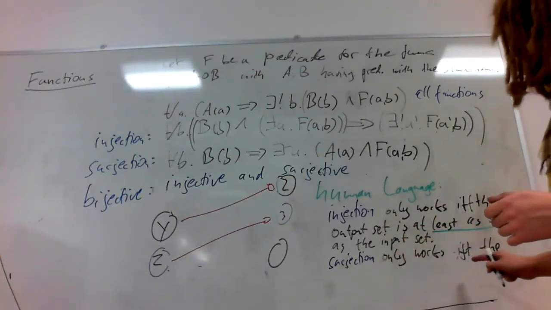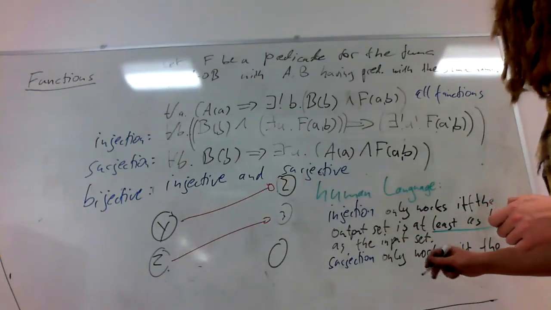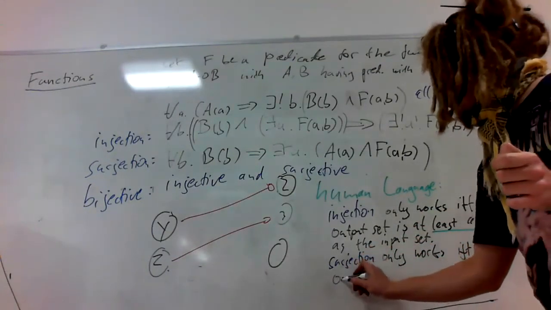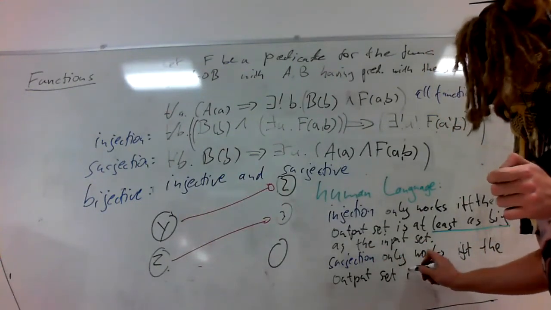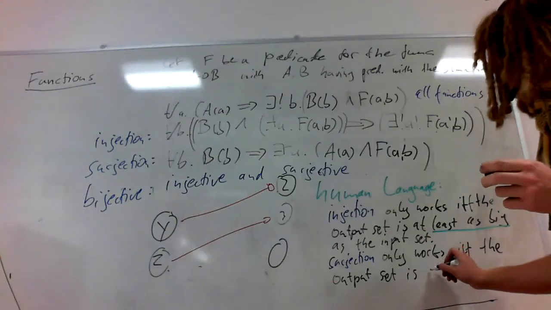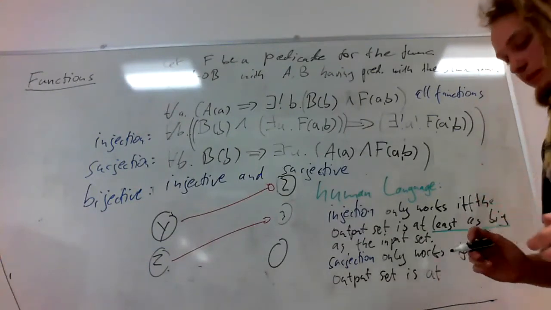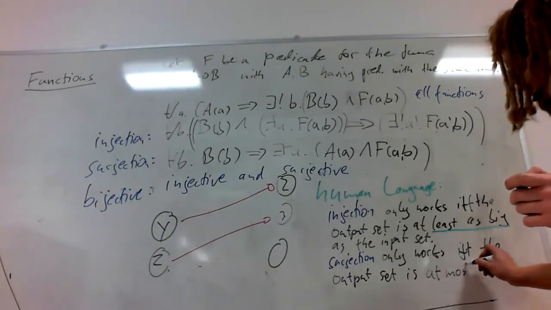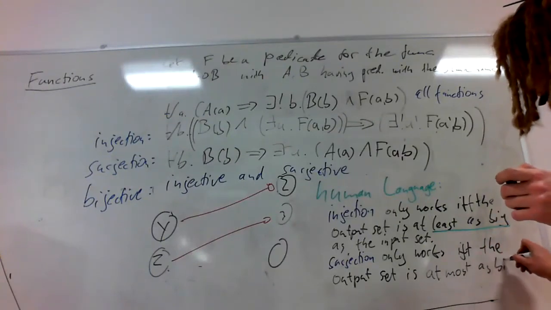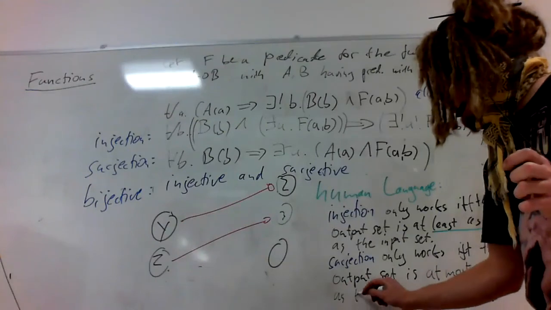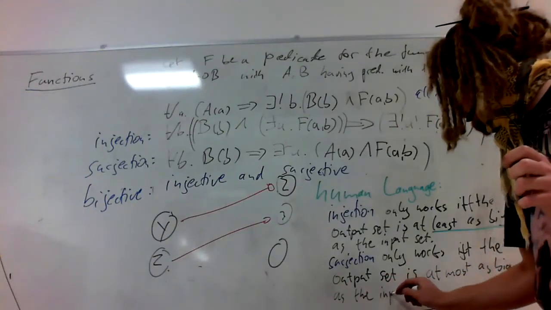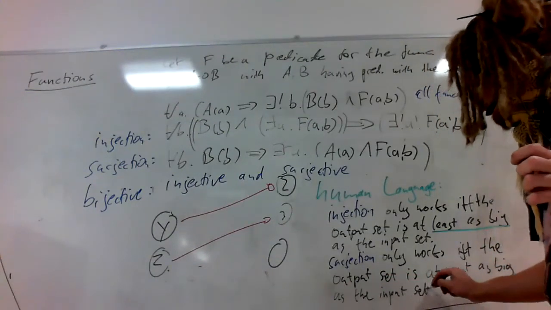Surjection only works if and only if the output set is at most as big as the input set, right?